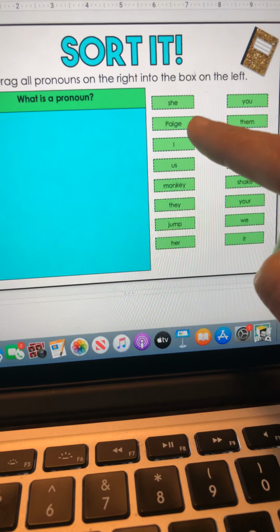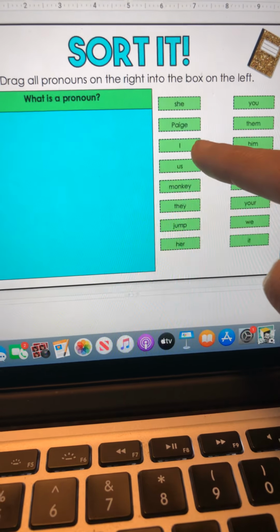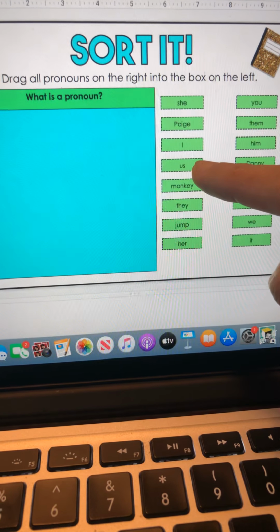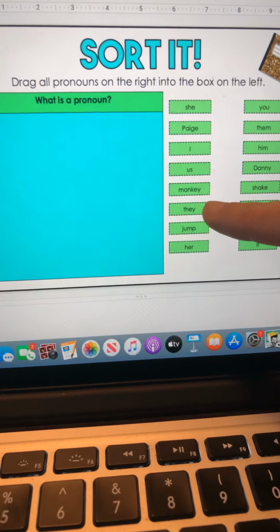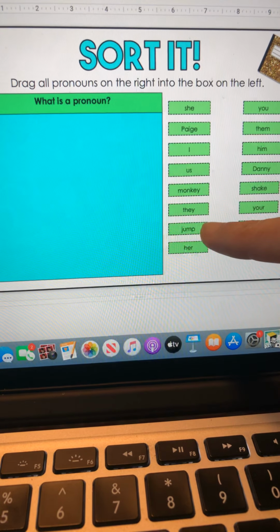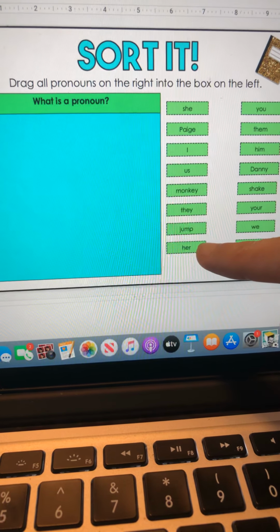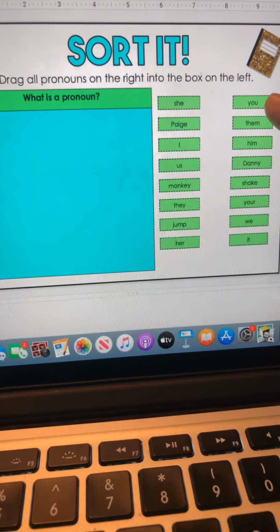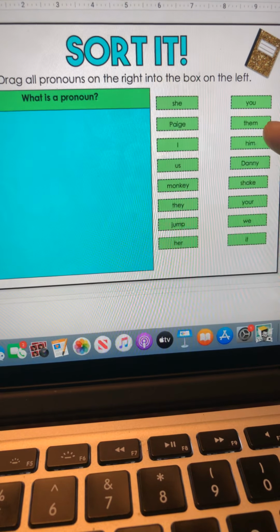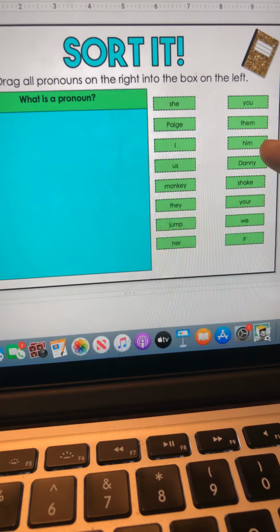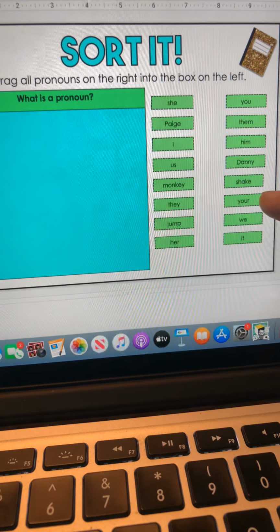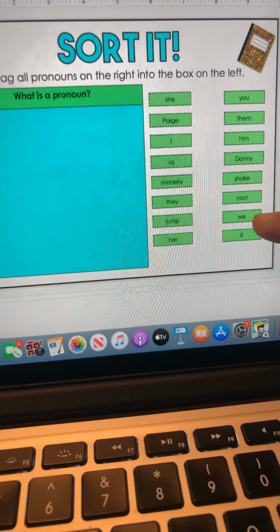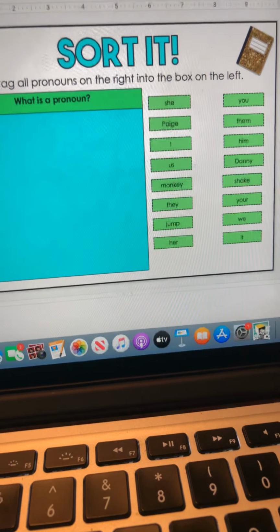She, page, I, us, monkey, they, jump, her, you, them, him, Danny, shake, your, we, it.